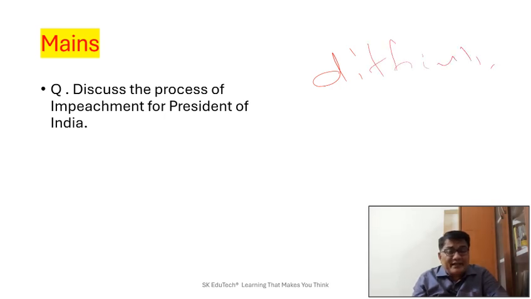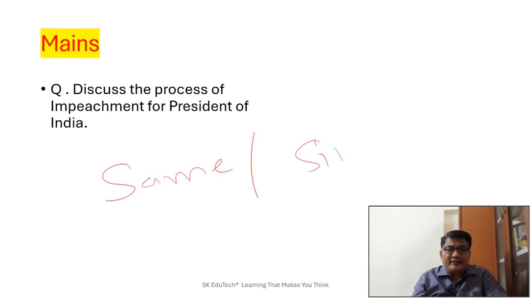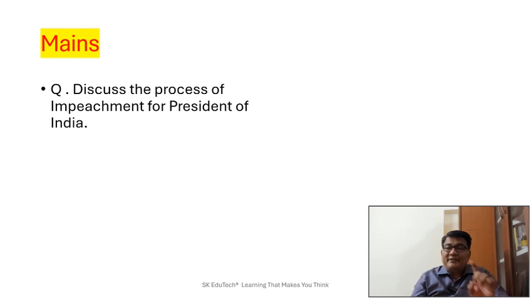I'm saying like the President, that does not mean it is exactly the same. Please remember there's a difference between same and similar. The process of removal of judges is not at all the same. There are a few points which may be called similar but not same, and the word impeachment is only used in the case of the President. So if this question is asked in the exam, please write the answer as President.